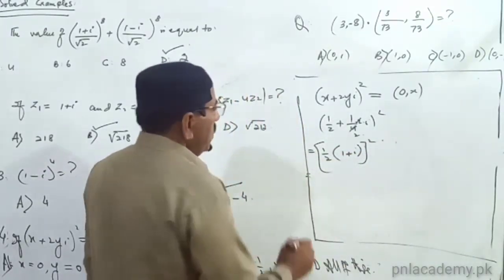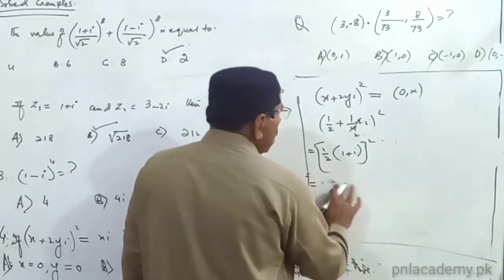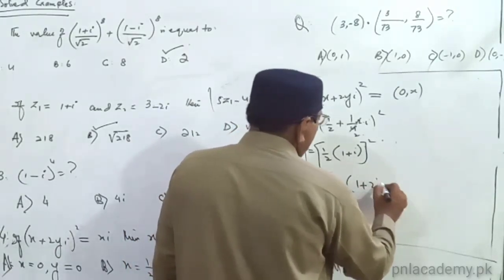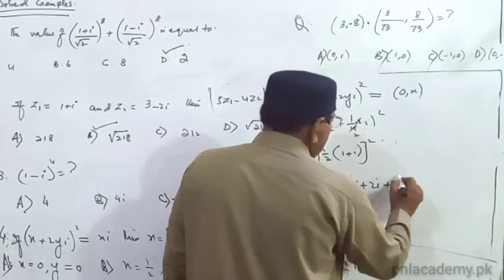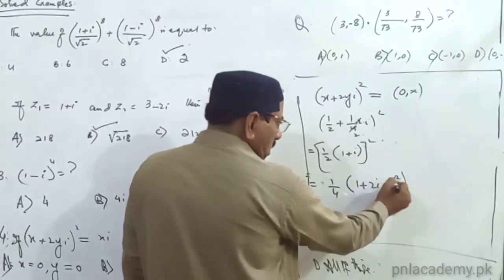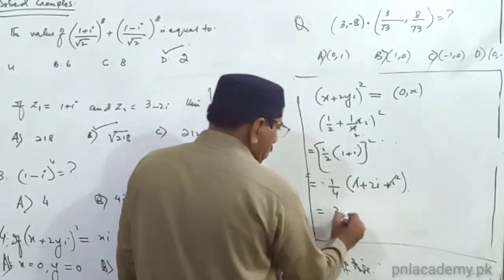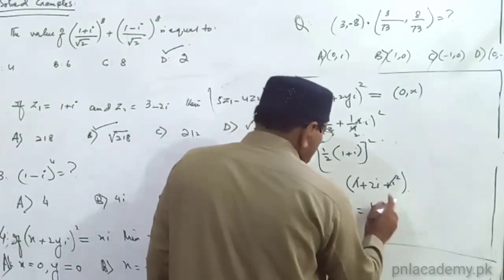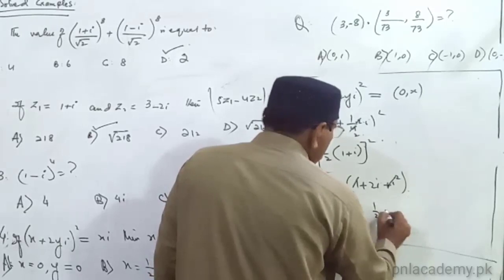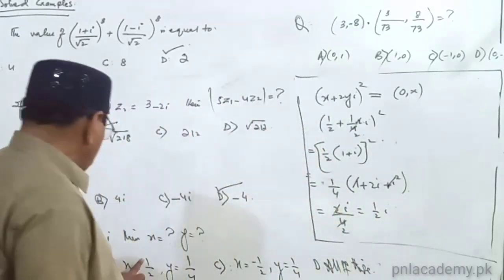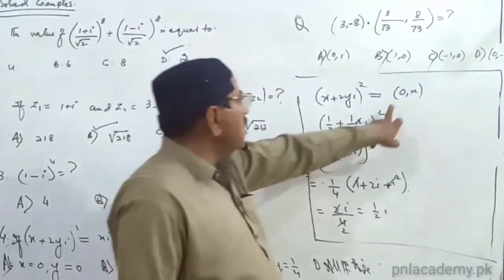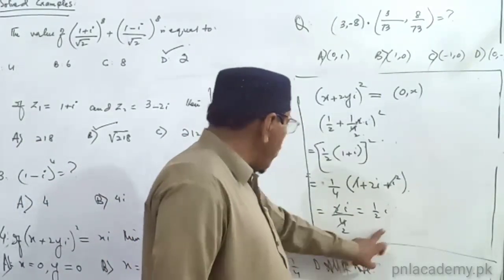So this will be 1 upon 4, (1 plus 2 iota plus iota square minus 1), cancel, 2 iota upon 4. So this will be 1 upon 2 iota. So x is equal to 1 upon 2. We substitute the value of x is equal to 1 upon 2. This will be also 1 upon 2 iota.